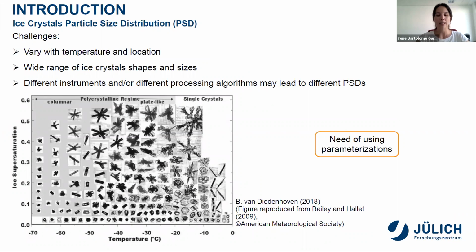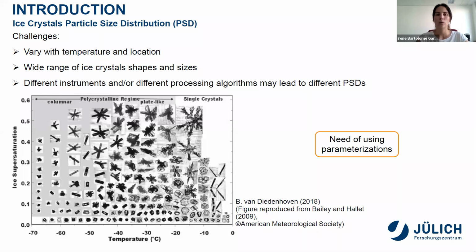Studying PSDs is challenging because, as you can see in this figure, there is a wide variety of shapes, and also a wide variety of sizes that changes with temperature and with location.